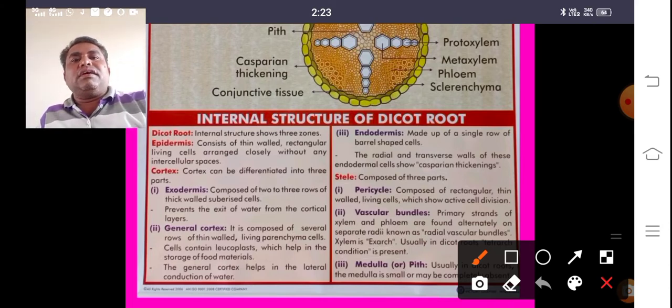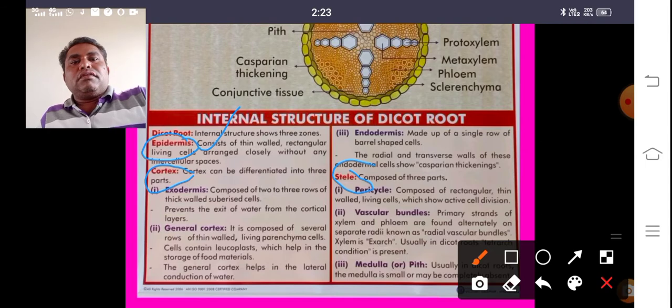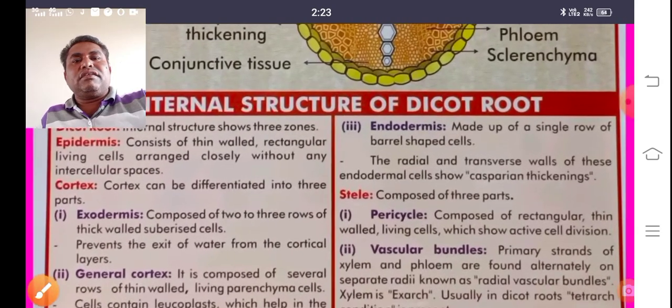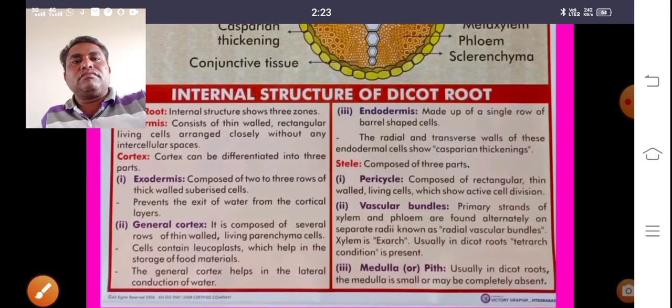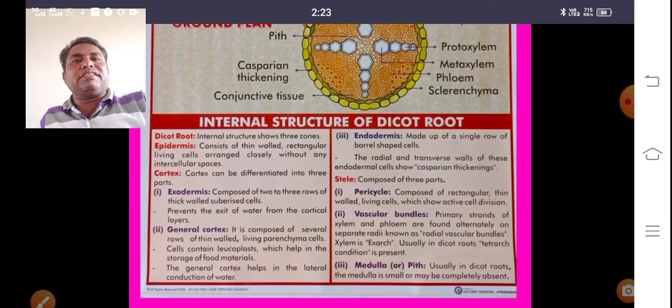That is epidermis, cortex, stele. Whenever we cut the root and take a thin section, we can see these three parts in that section: epidermis, cortex, stele.